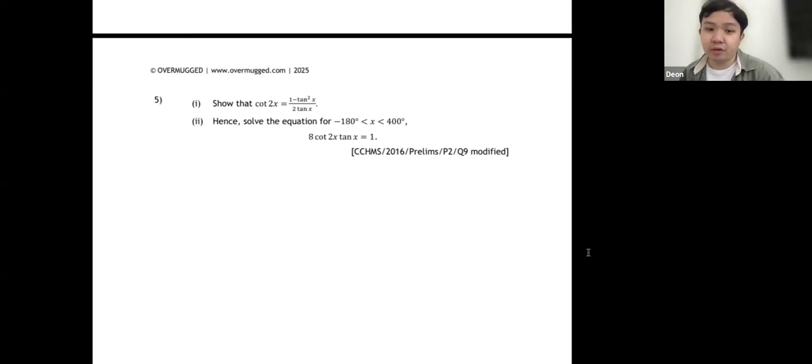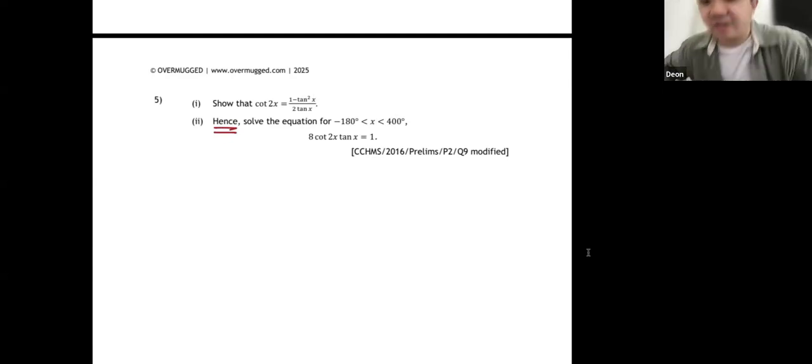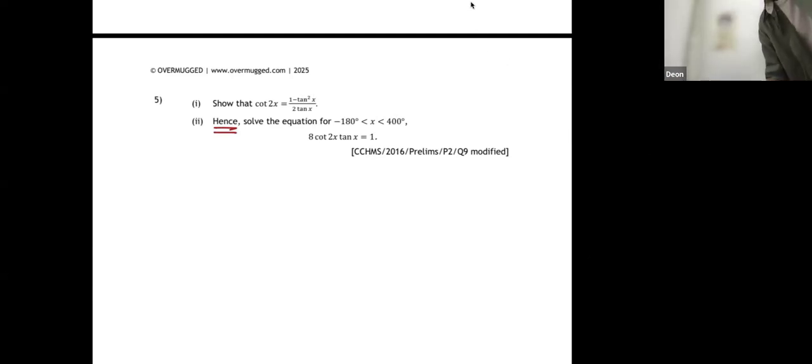You can skip the first one if you don't want, and just do the second one. Use the first one to do the second one, because the question said hence. Let's come back at 10:30. Quick one: for sine x, 0, 180, and 360, yes, it is. Quick break.